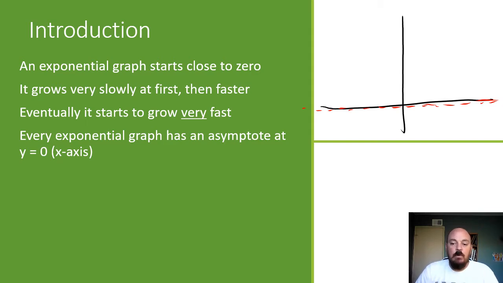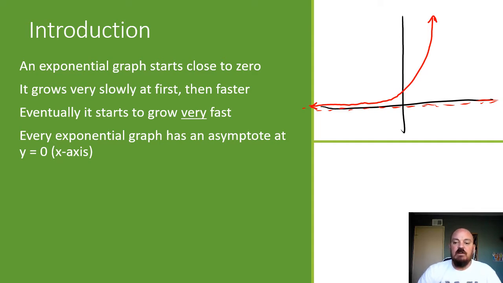And way off to the left, it starts very small, very close to zero. It's basically almost touching that asymptote. And then it slowly curves up until eventually it's going almost straight up. So an exponential looks like this. It starts here by the asymptote, and it's growing slowly, and then faster and faster. And then at the end, you have that arrow that's almost pointing straight up in the air.